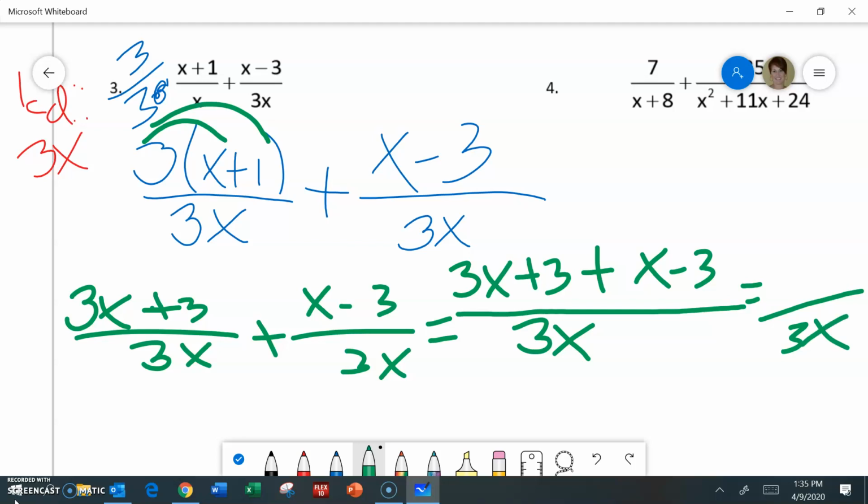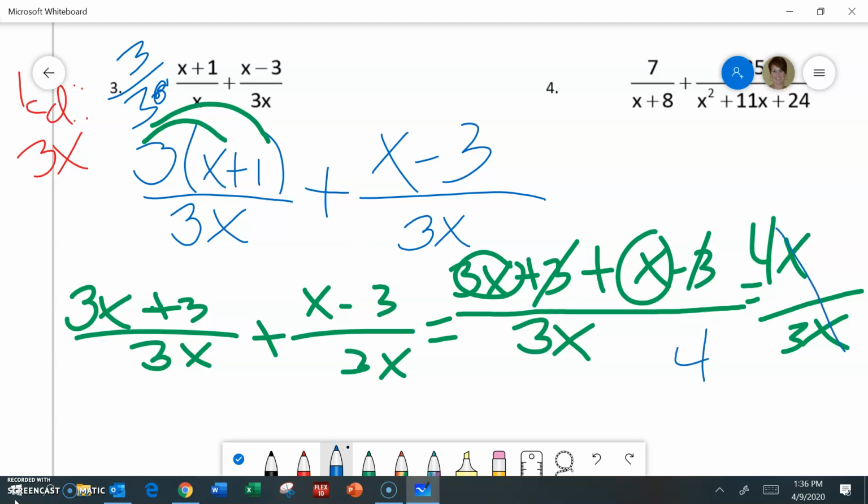And what that gives me is we have a 3x and an x, which is 4x. And we have 3 minus 3, which those cancel. So when we look at our final, what we're left with, we have 4x over 3x. Well, the x's cancel. So your final answer to this is 4/3.